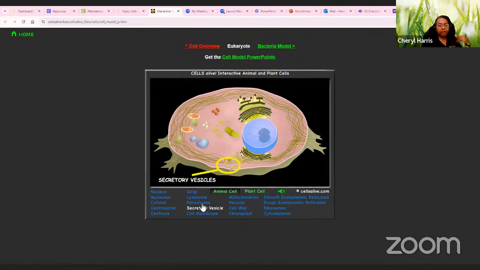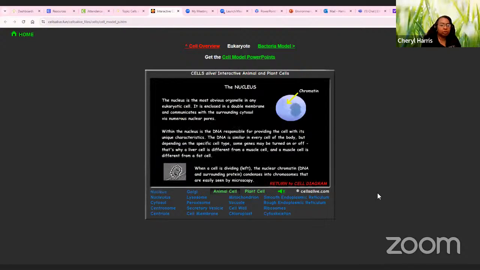So click on the words and look at them. In general, start with the nucleus. You can do it two ways: scroll your mouse over the picture, or start with the words. The word highlights the structure in the picture, and when you click on the word, it brings up a paragraph that you can read.